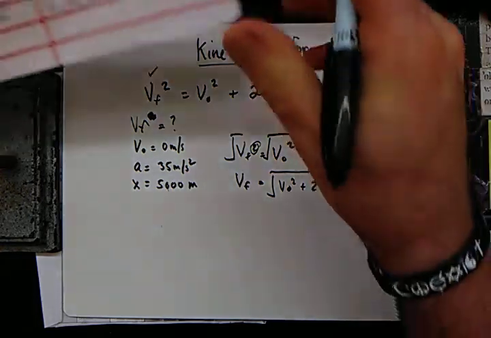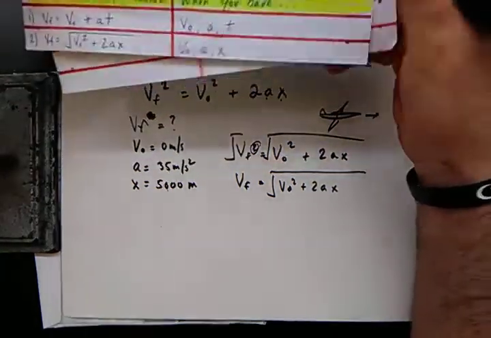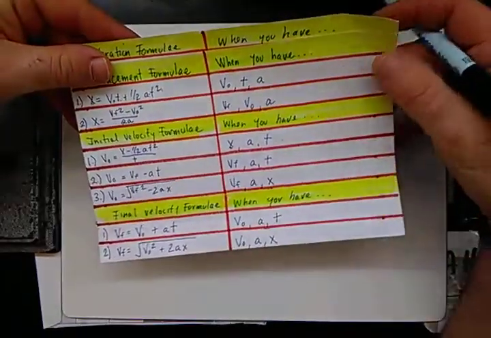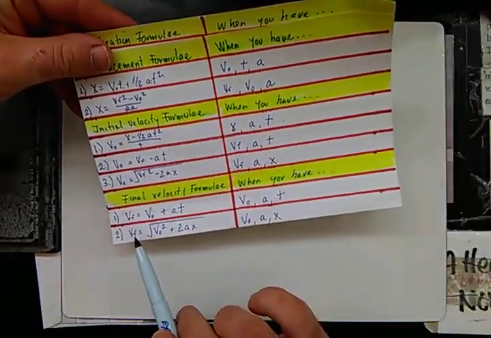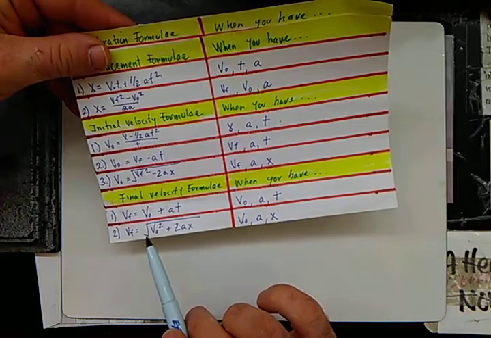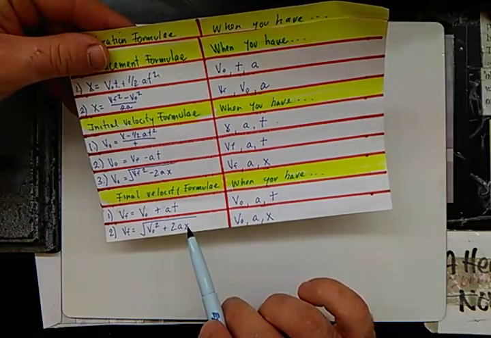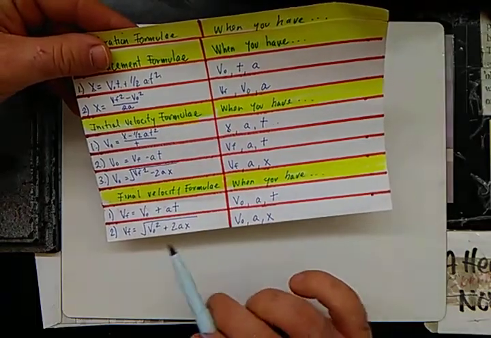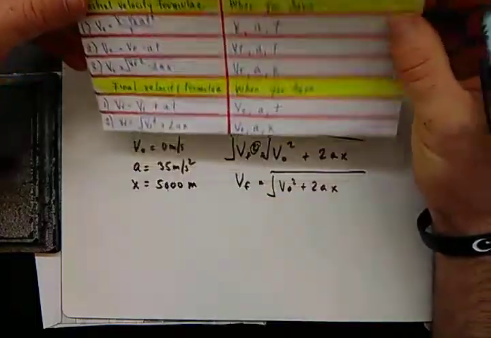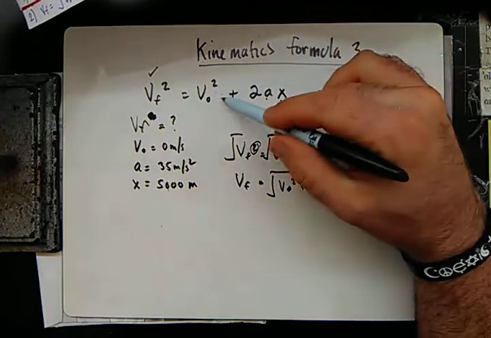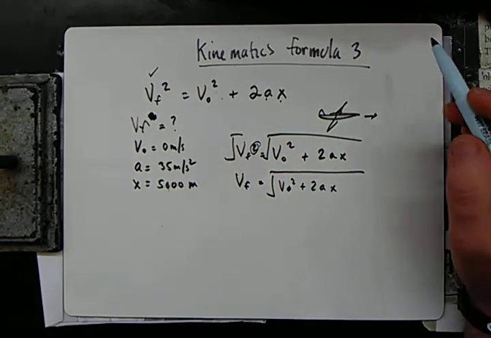Now if you look at your formula card here, I have velocity final is the square root of velocity initial squared plus 2ax, that's your displacement. So you can look at your formula sheet, or you can solve it for the formula here using number 3.